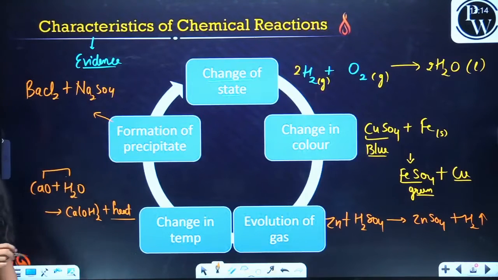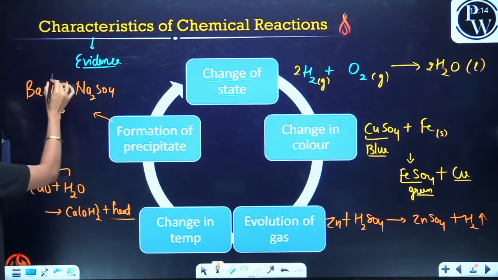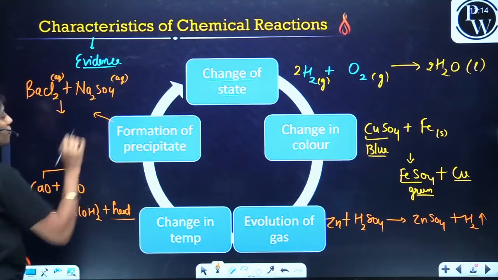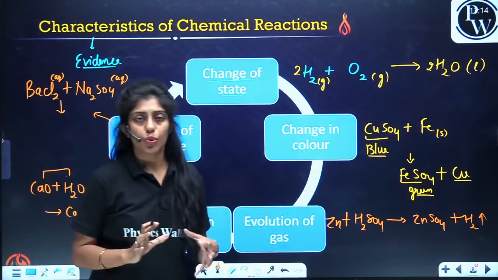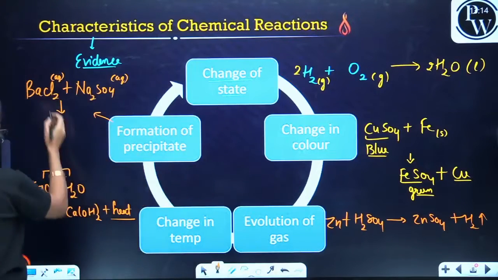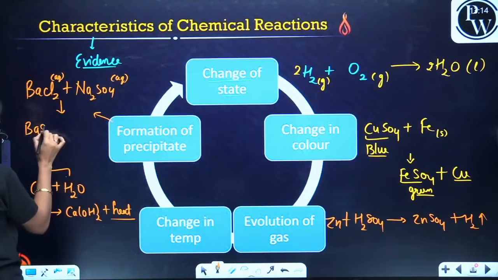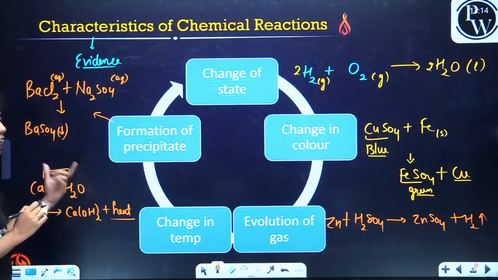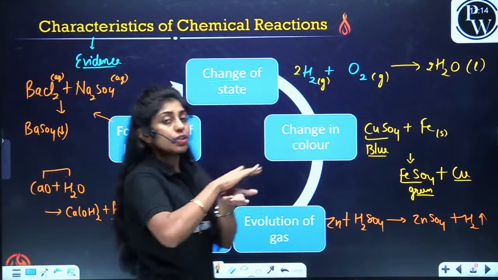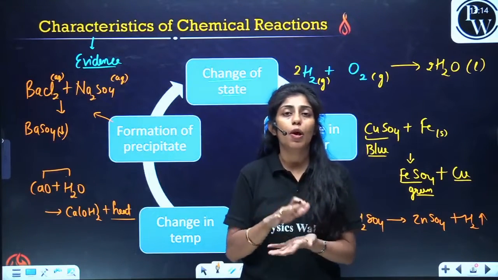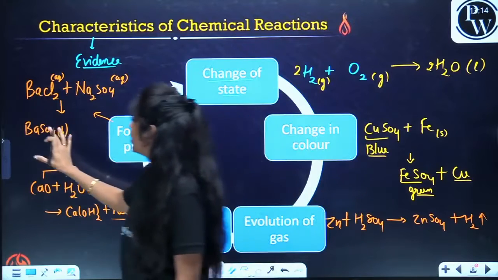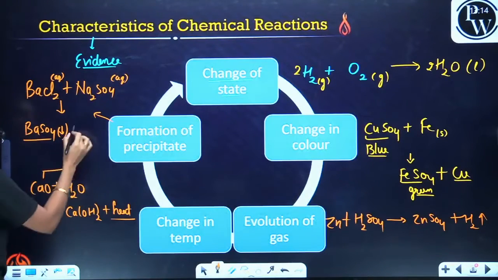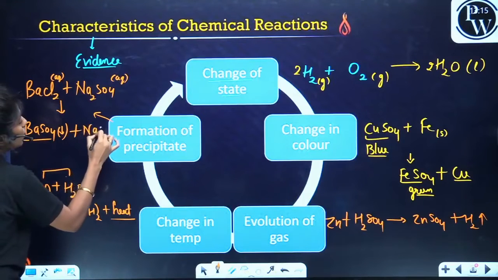If I react these two, their individual aqueous solutions, and now I am mixing them up, I will be getting BaSO4, which is an insoluble substance that will settle down at the bottom of the beaker. So I got to know there is a precipitation. Insoluble means precipitation and the other will be the soluble substance.